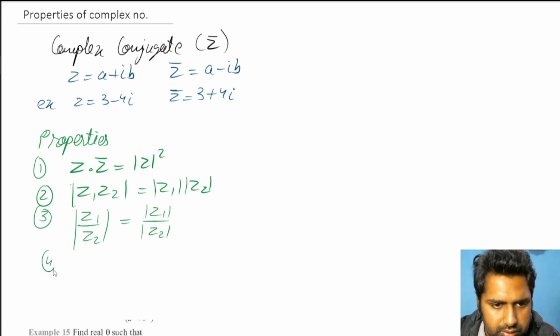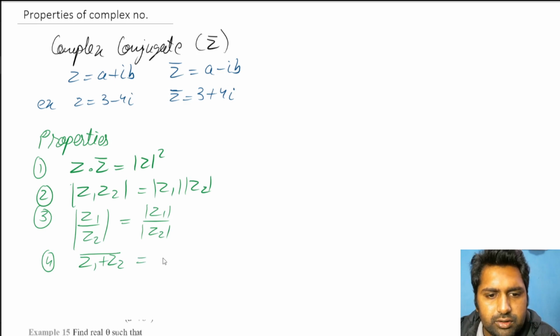Fourth is regarding complex conjugate, that is we can split the complex conjugate in two parts. So for z1 plus z2, the complex conjugate is z1 bar plus z2 bar.